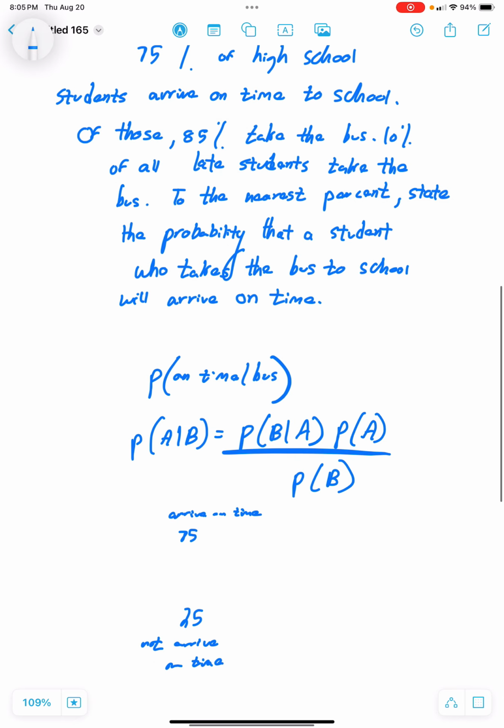Now it says of the people who arrive on time, 85% of them take the bus. That must mean that 15% don't. So this is take bus, don't take bus.